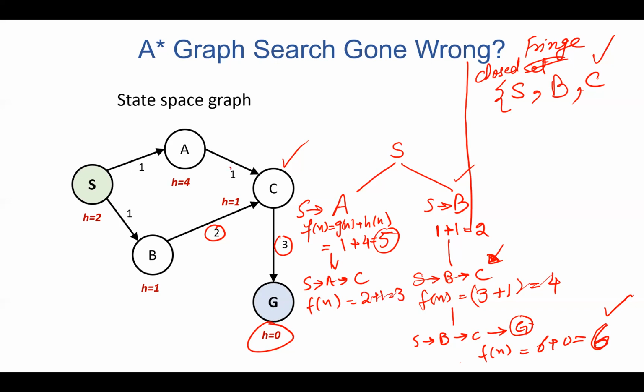Which is 3. Now we have a comparison between this and this. Remember, because we are only declaring victory when we dequeue the goal. So 3 is definitely better, but the problem is we already have C in the closed set. So we cannot expand this one, and we will go this way, which is not optimal. That's the problem with the graph search.